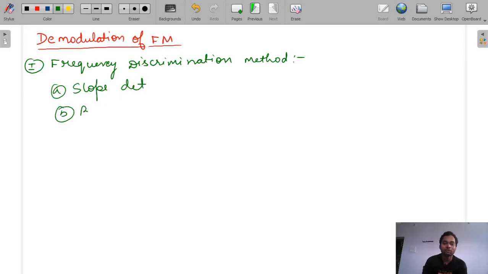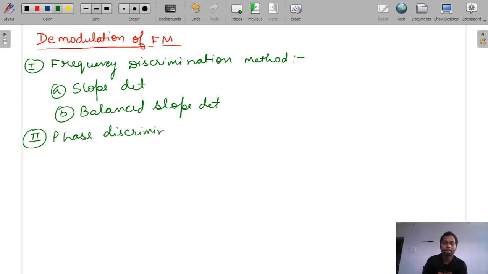This is a theoretical topic, no need to study the slope detector. What is a balanced slope detector? And one more method is the phase discrimination method.